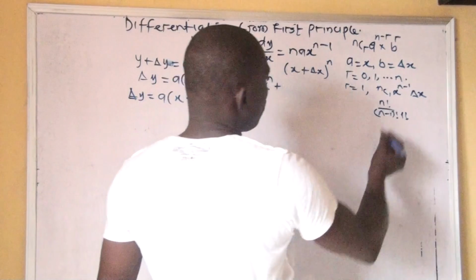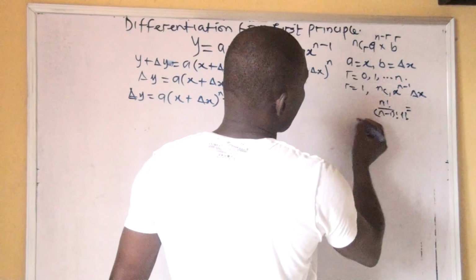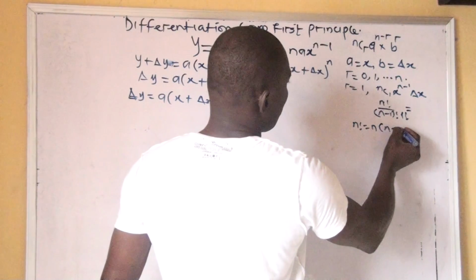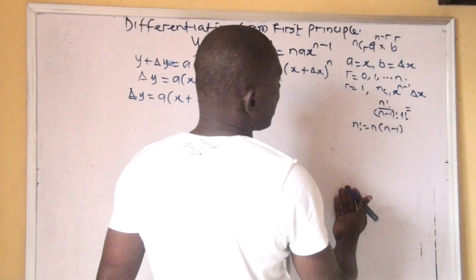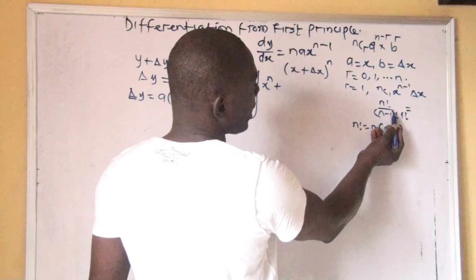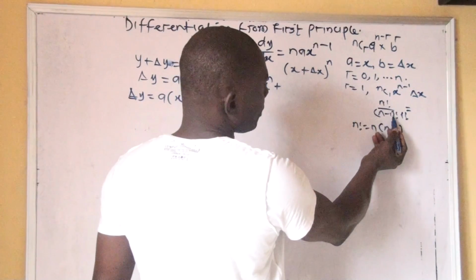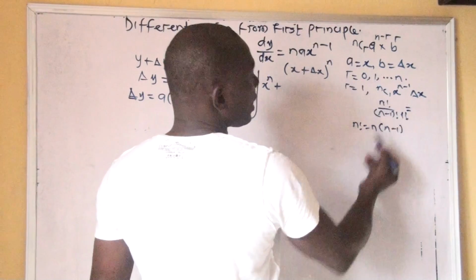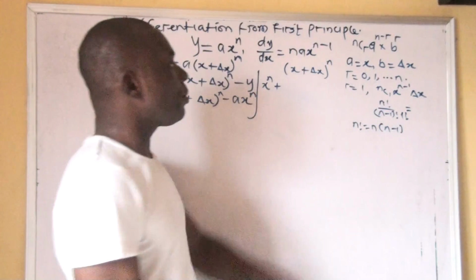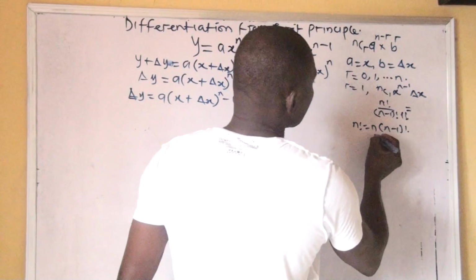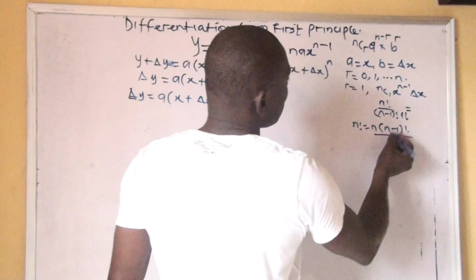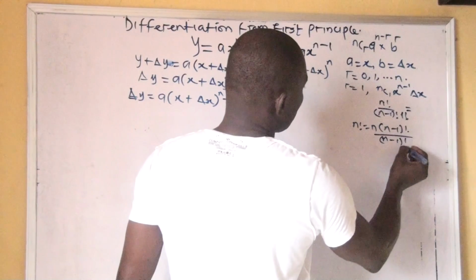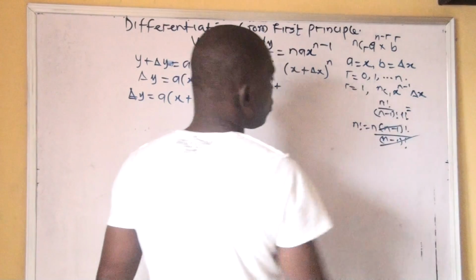Now we need to expand this. This n factorial we can also expand as n into n minus 1, and so on continuously like that. But since we have n minus 1 factorial at the denominator, we stop there. So this will become n into (n minus 1) factorial all over n minus 1 factorial at the denominator, so that this will cancel off.